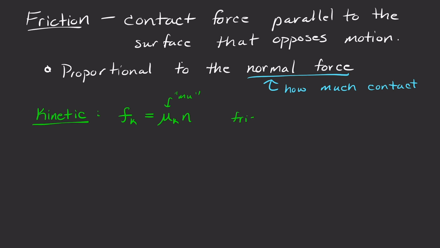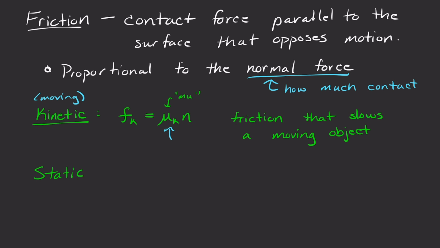This is the type of friction that slows a moving object, or fights a moving object. When you see the word kinetic, you should think moving. And this is just a number that tells you how strong the friction is between those two materials.